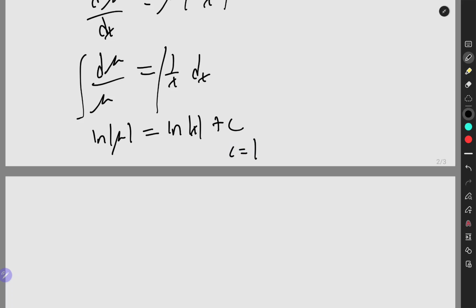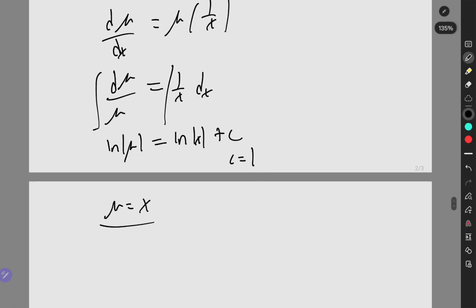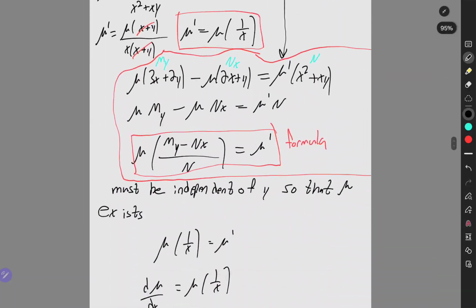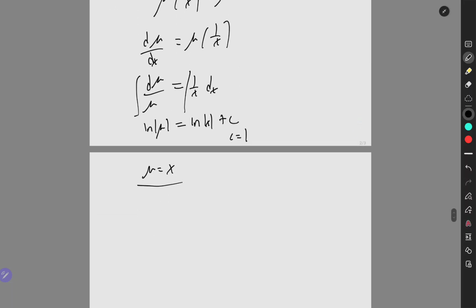Not too sure why, to be honest, but if we exponentiate both sides, that leaves us with mu is equal to x, right? So now we got our integrating factor, after all that work, after 20 minutes.